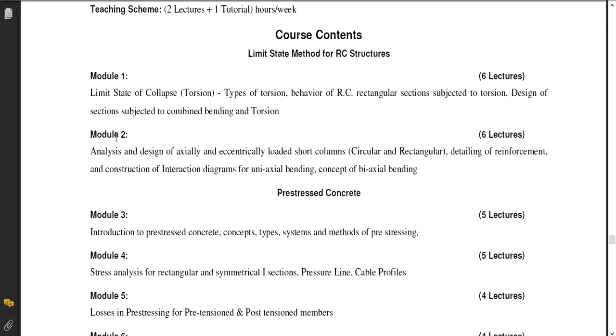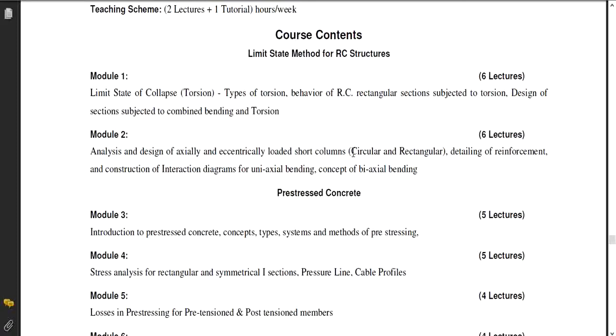This module number 2 mainly deals with the analysis and design of short columns when they are subjected to axial and eccentric loads.